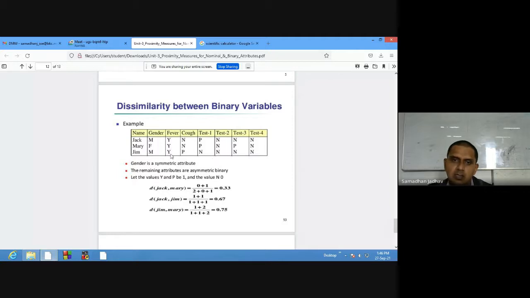Now for Jim and Mary, find R, that is 1 0. Test 1 has 1 0, right? Then test 3 also has 1 0. So R is actually 2, by mistake I said 1, but no problem.